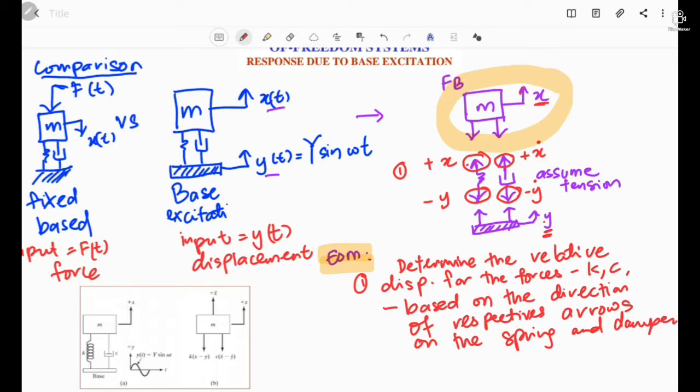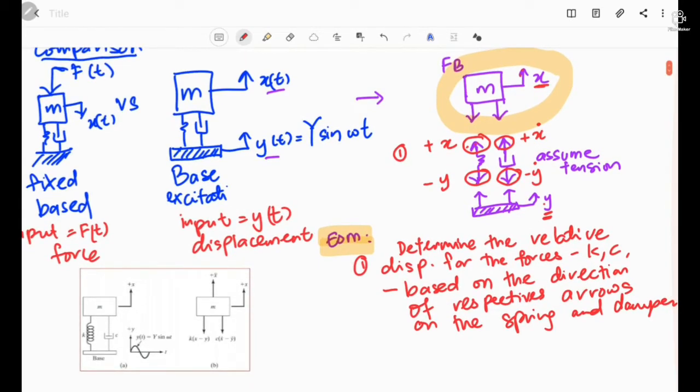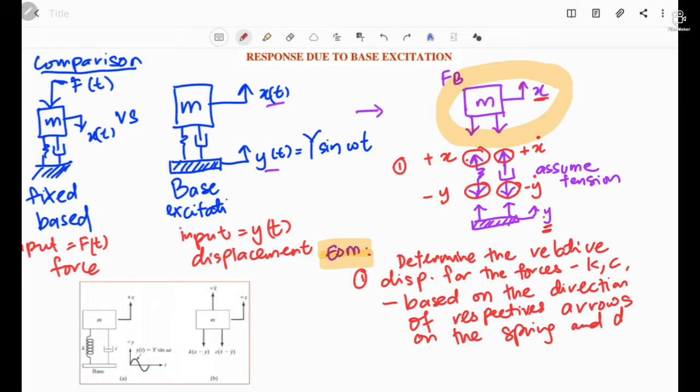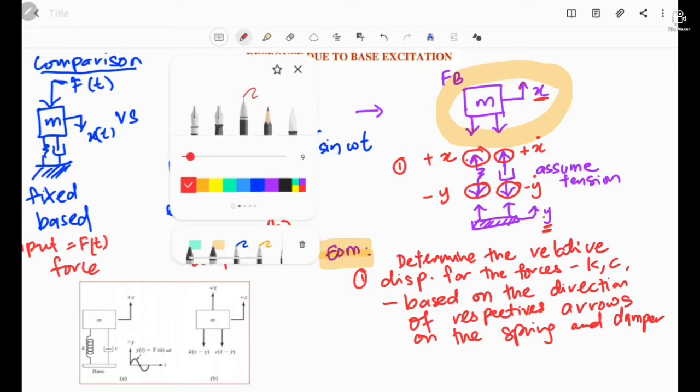Okay, I hope you are with me. What it means is you have your spring and damper, and from there you can determine the plus and the minus. Then only you can write your equation of motion.